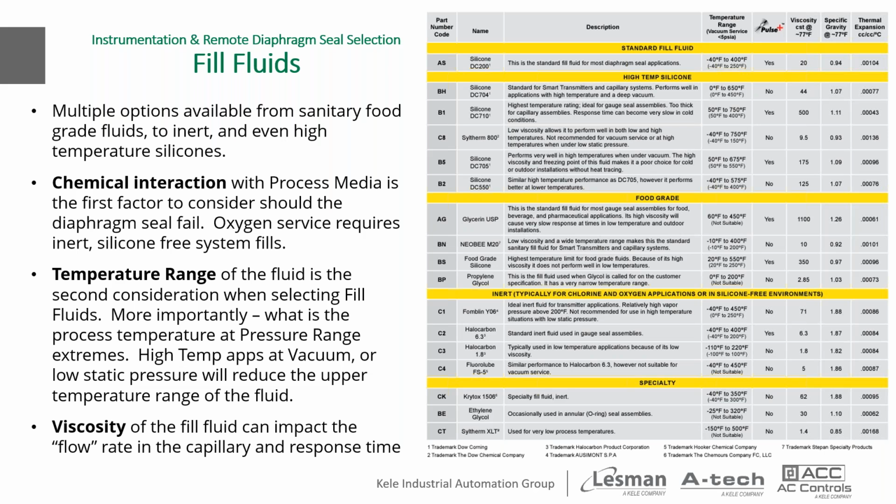Viscosity of the fill fluid can also impact what I call the flow rate in the capillary or the instrument connection, and that will actually affect the response time of the instrument.